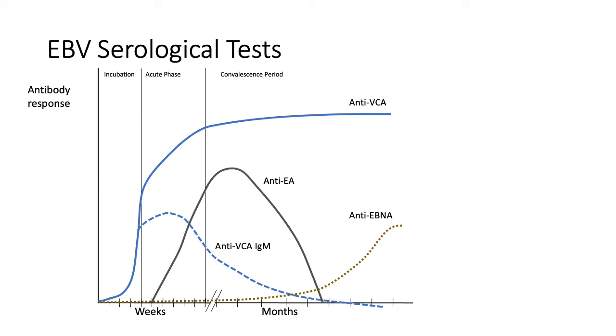The EA antigen is comprised of two components, EAD, which is diffuse, and EAR, which is restricted. Anti-EAD IgG is indicative of acute infection, but disappears in about 3 months.